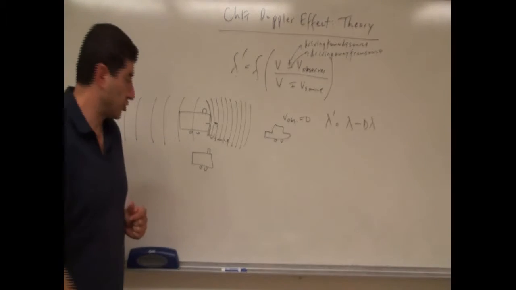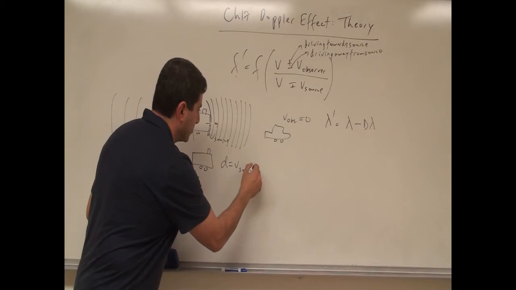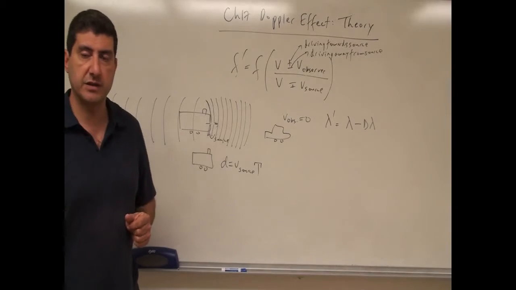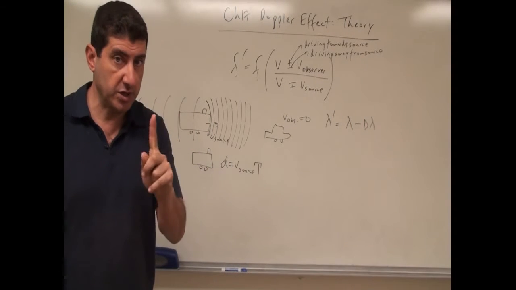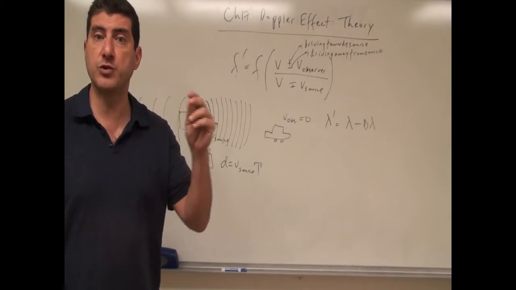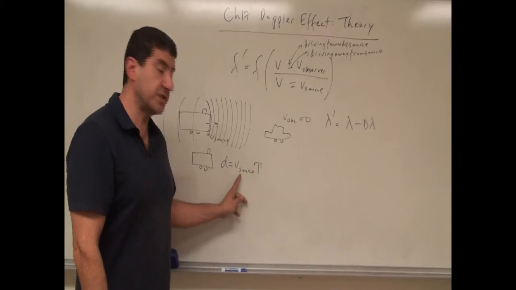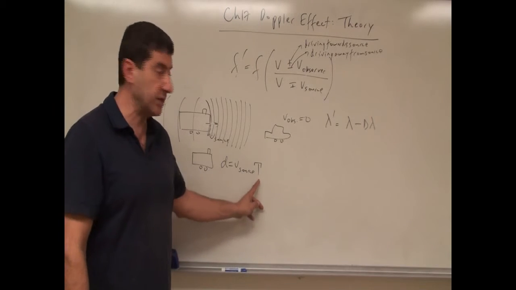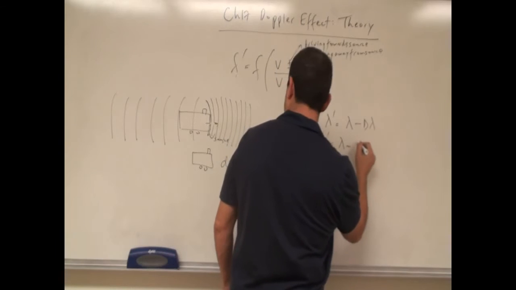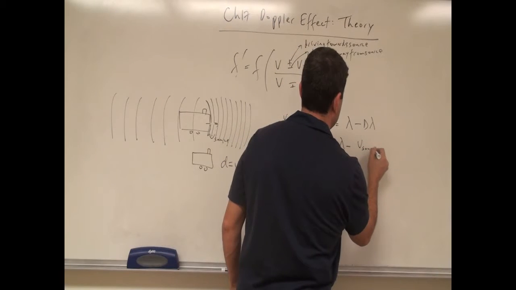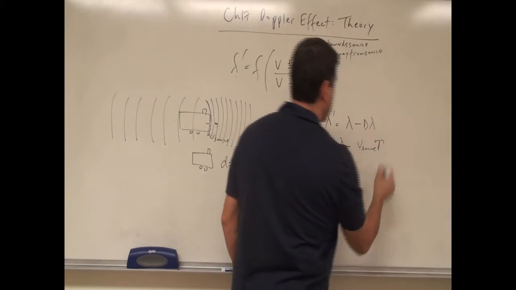The distance that the source moves is the velocity of the source times the period of the sound wave. In other words, the distance that the source moves during one period is the time for it to create one wavelength of sound, right? So that's the delta lambda. Lambda minus velocity of source times the period of the sound wave.